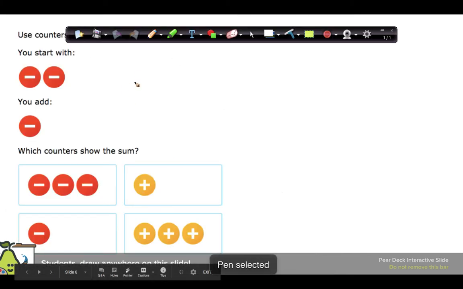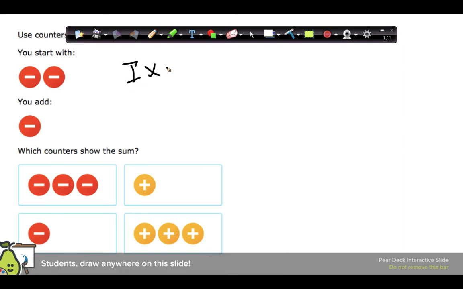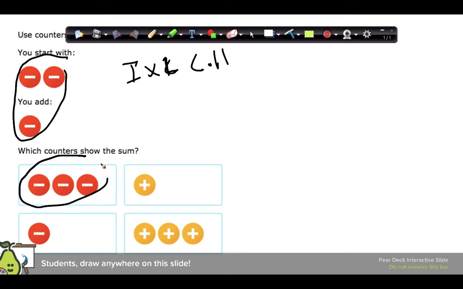So this comes straight from IXL C11, which is due this week. So if you start with 2 negatives and then you combine with another negative, you're going to get 3 negatives. So negative 2 combined with negative 1 is negative 3.